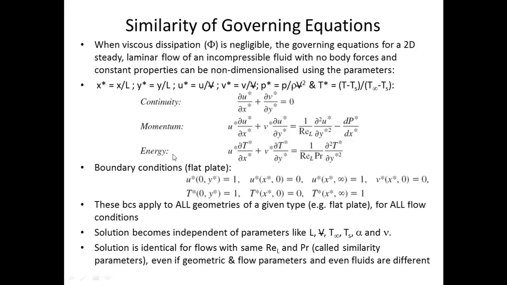This brings the equations to a consistent form and also makes the boundary conditions to be equal for all the geometries of a given type for all the flow conditions. That is very important because now the equations and the boundary conditions no longer have specific values like the velocity components or the temperatures, but they are the same for all the flat plates, for example, and for all flow conditions, whether we are looking at velocities of 5 meter per second, 10 meter per second.